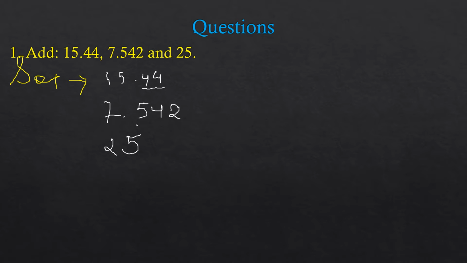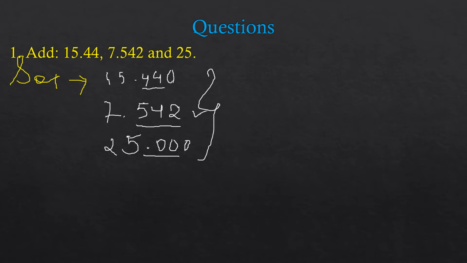In the next decimal number we have three decimal places, and in the last decimal number we do not have any decimal part. So the maximum number of decimal places is in this decimal number. So we will insert a zero here so that it becomes a like decimal. And here we will insert a decimal point and three zeros. Now all three decimals are like decimals.